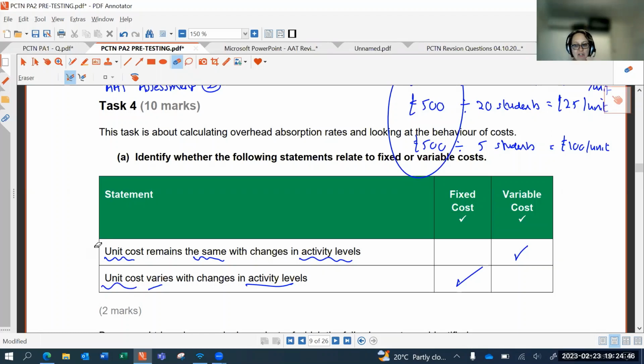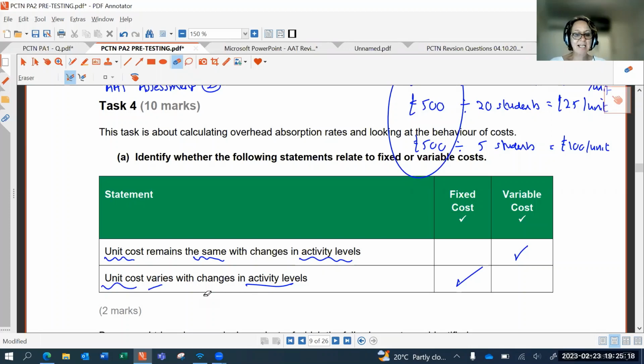Because if we changed the word in here and we said instead the total cost remains the same with changes in activity levels, your answer would then be, oh, well, if the total cost is the same, that must be fixed. And if this one said the total cost varies with changes in activity, then your answer would be, oh, okay, if the total cost is changing, that must be a variable cost then, because every time I do an extra unit, I incur an extra cost.